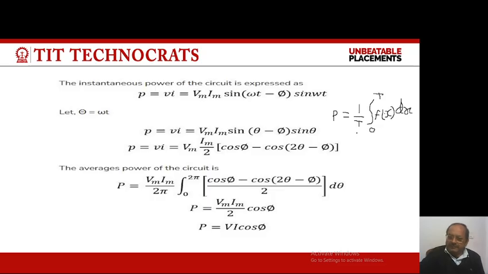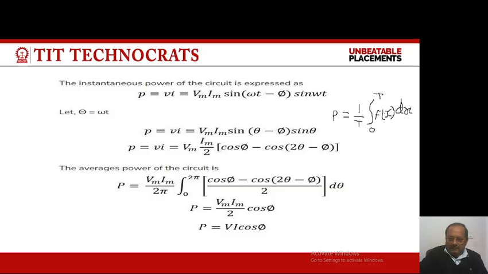So this is the formula of average power in a circuit. This formula is applied to this equation.